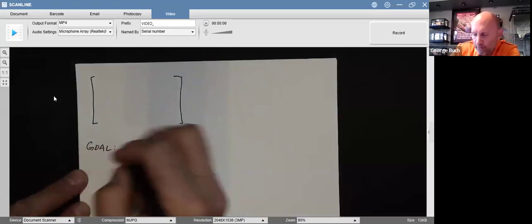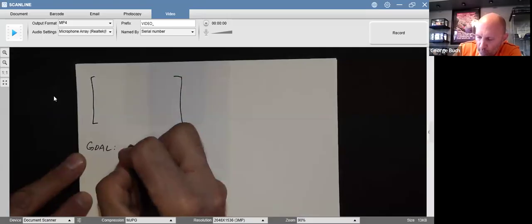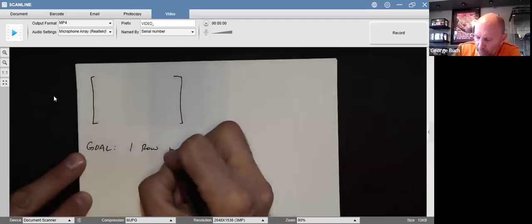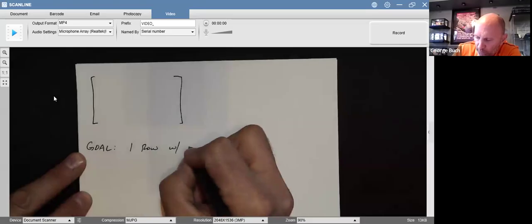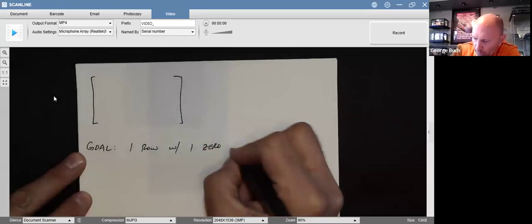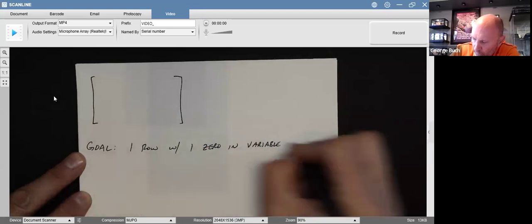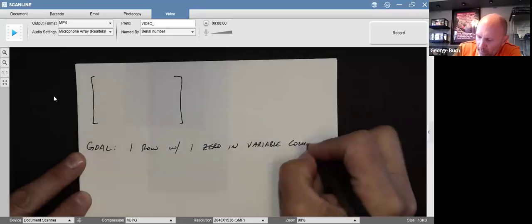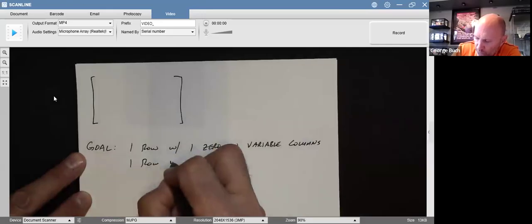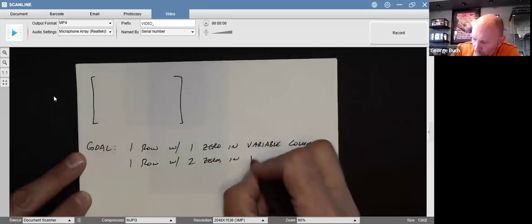So my goal here is going to be to get one row with 1, 0 in the variable columns, and then to get one row with 2 zeros in the variable column.